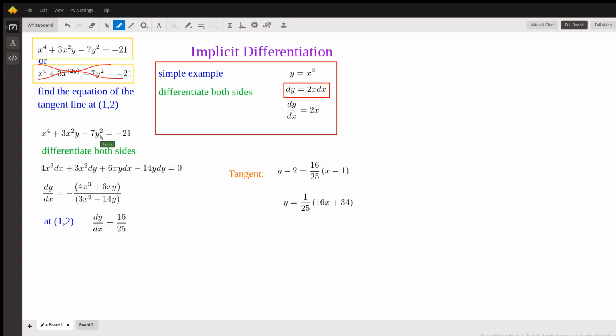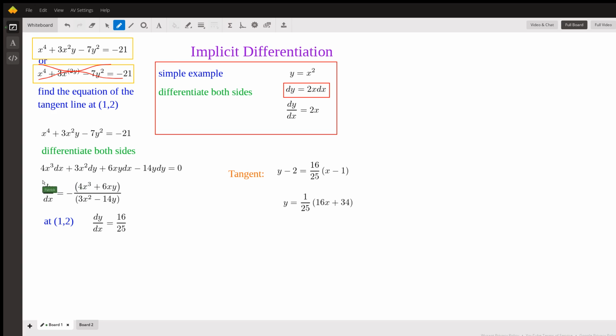This one is just in terms of y, so pretty straightforward, minus 14y. For these middle terms, go through it on your own, work it out, write it on paper, and make sure you can match what I've got there. Now it's just a matter of rearranging this, and again, work that out on paper, make sure you agree with this.